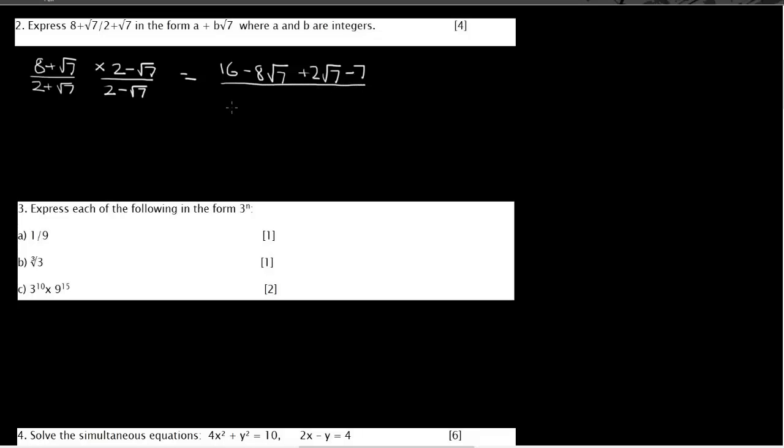Over. And we'll multiply the bottom one out. We don't have to, but we will. 2 times 2 is 4, minus 2 root 7, plus 2 root 7, minus 7.